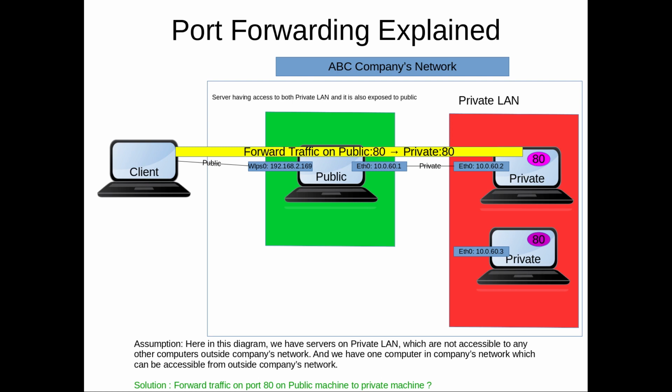In this way, when the client accesses our website, its request will be forwarded through our public machine to the private machine on port 80. So the client is not able to access our machine, but it can access our application. That's all about port forwarding, and let's now jump directly into the real working example.